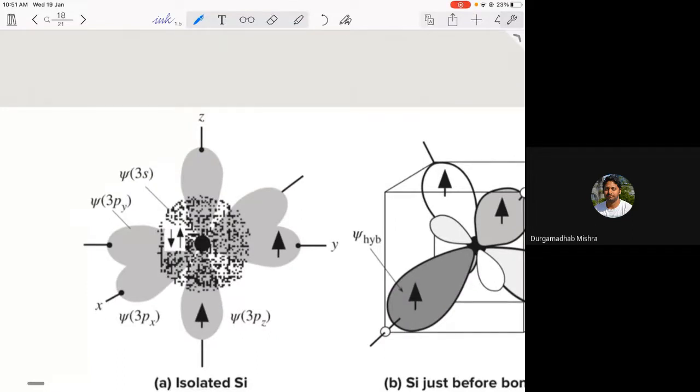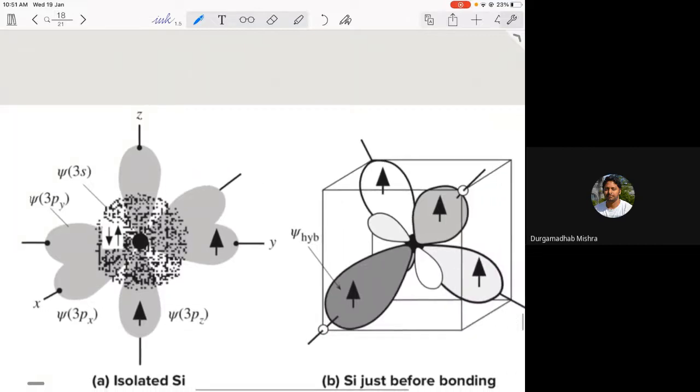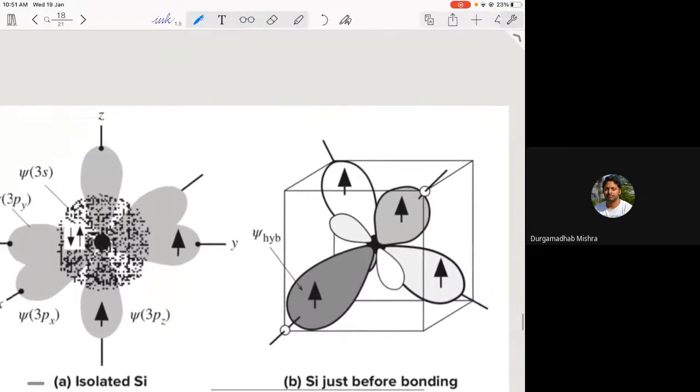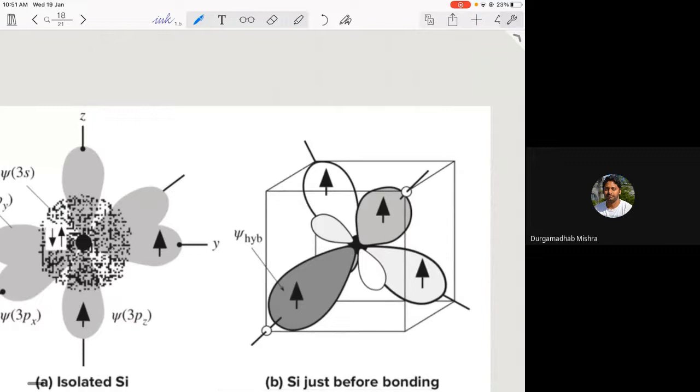But when silicon goes to form a bond, hybridization takes place, and you have the formation of sp3 hybridized orbitals with a bond angle of 109.5 degrees, which is tetrahedral symmetry.